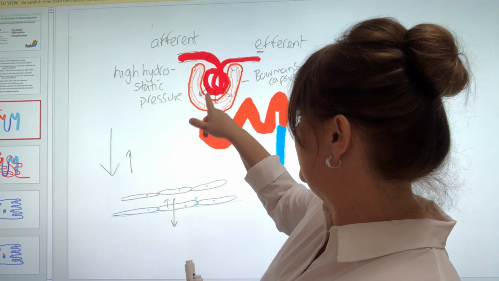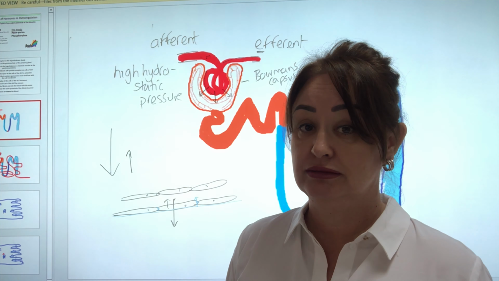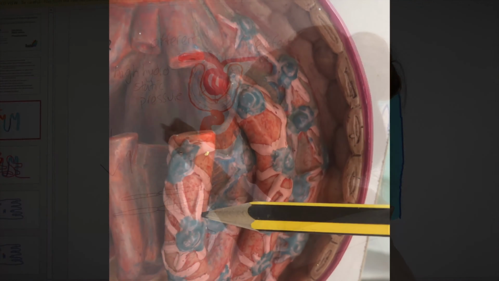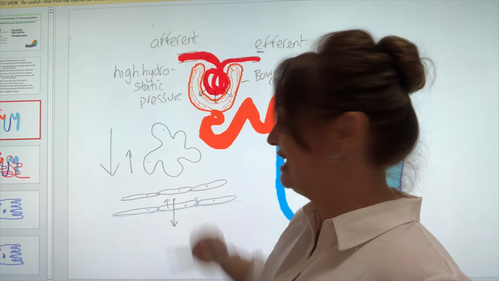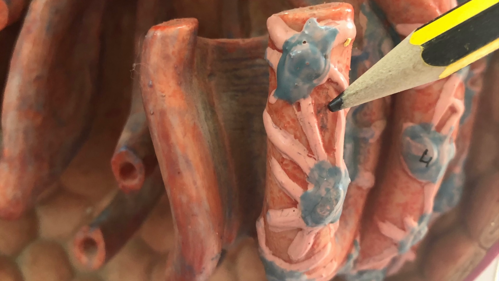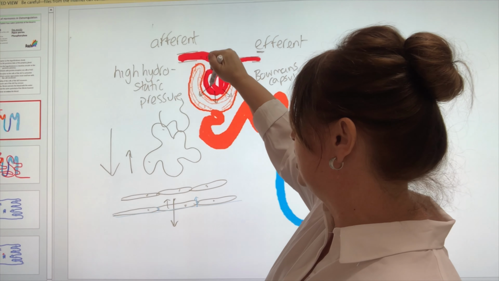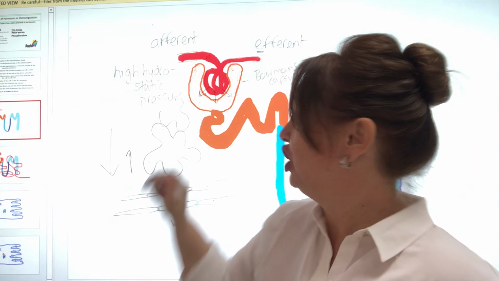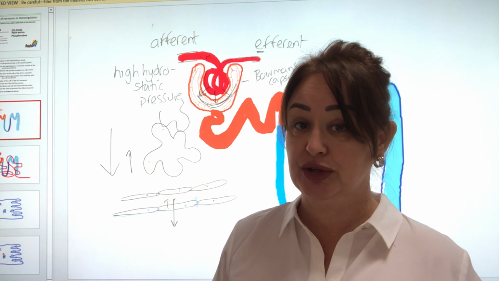Additional to that, we then have the cells that line this Bowman's capsule. Those cells are specialized cells, they're called podocytes. And the reason why is because they have pod-shaped structures like these. When they join together, they create gaps, which then aids the process of moving the products from ultrafiltration across there and into this Bowman's capsule.